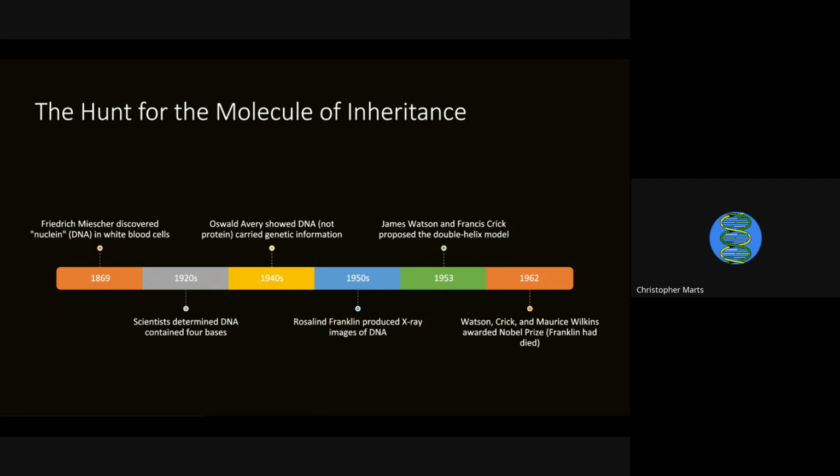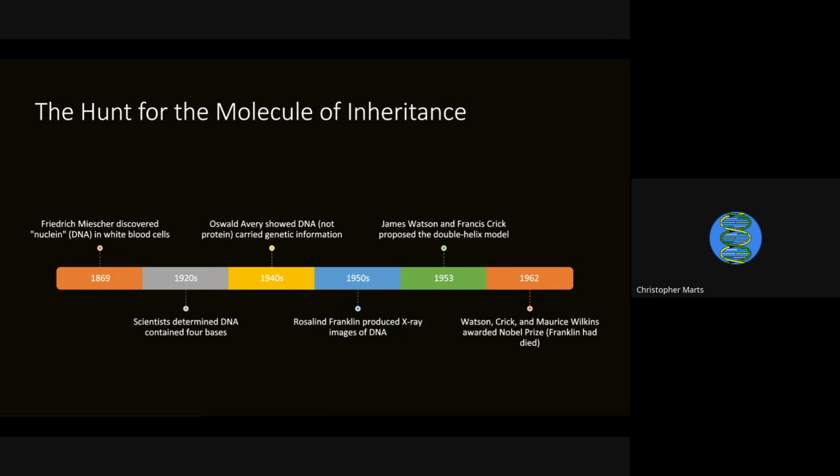People recognized inheritance. They saw, oh, you have your father's eyes or your mom's hair. They knew these things got passed down, but they weren't sure how. And scientists started to think maybe it was protein because it's very closely related to DNA. Oswald was the first one to show that it was actually the DNA that carried all that information.